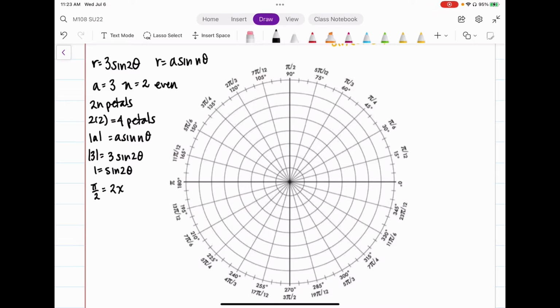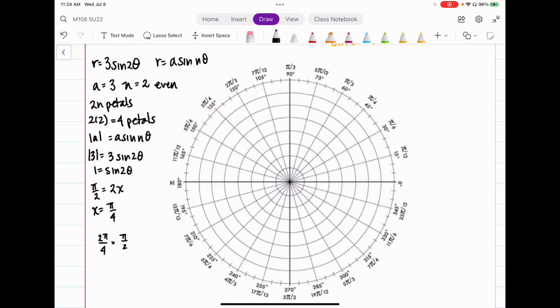Then 2 theta equals pi over 2, or theta is pi over 4 when you're solving. That's our starting point. In addition, I can determine the petal spacing by taking 2 pi divided by the number of petals, or pi over 2. So it's spaced at every 90 degrees, which makes sense because we have 4 petals.